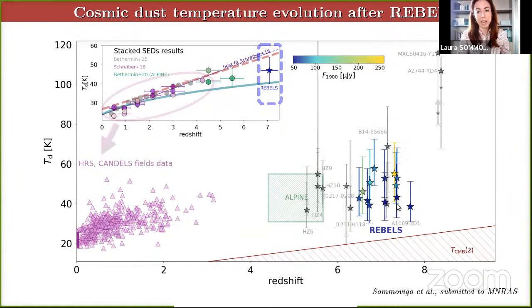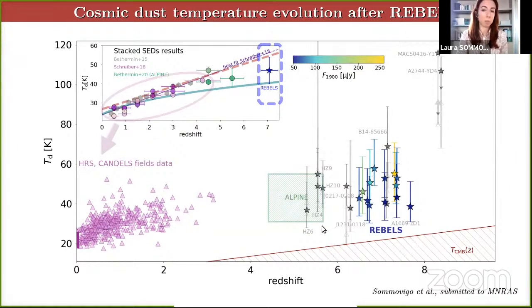So you see all the Rebels galaxies, and I want you also to note that there's a region where we basically can say that the individually detected Alpine galaxies temperatures lay. And in fact, also for these sources, we can apply our method and derive the dust temperature of the individual galaxies.